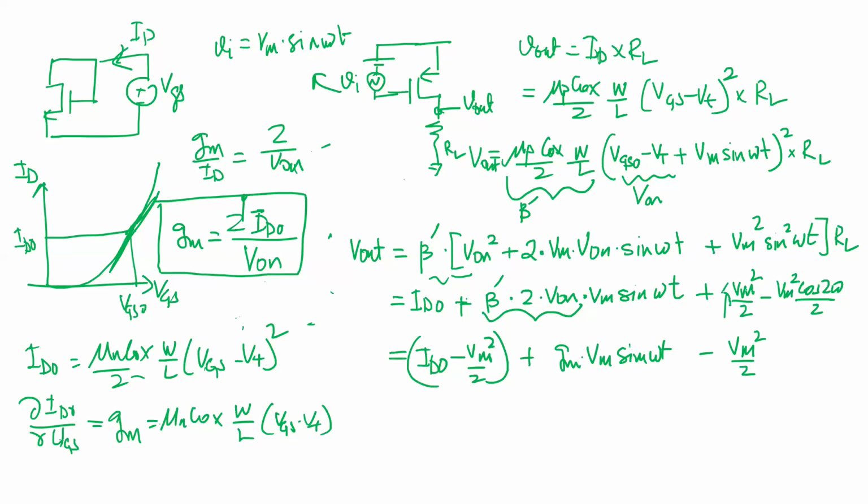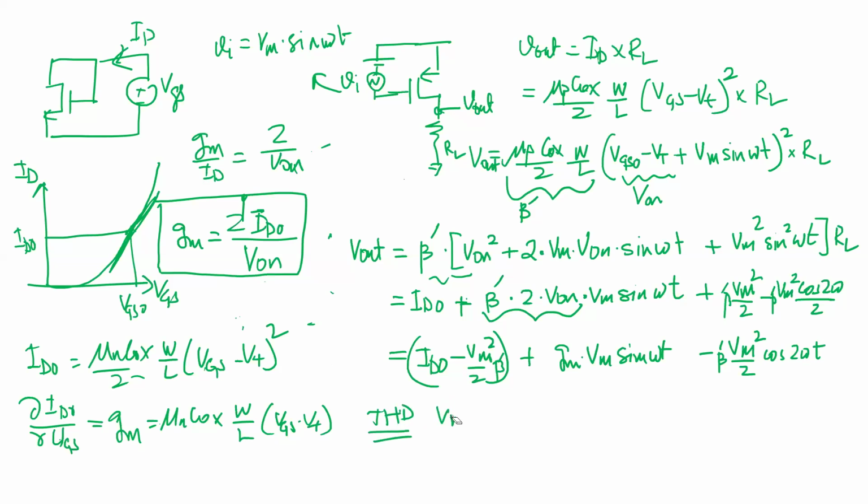I have to carry beta dash here, and this will be beta dash here, cos 2 omega t. All right. And then the harmonic distortion or the non-linearity is defined as THD, total harmonic distortion.